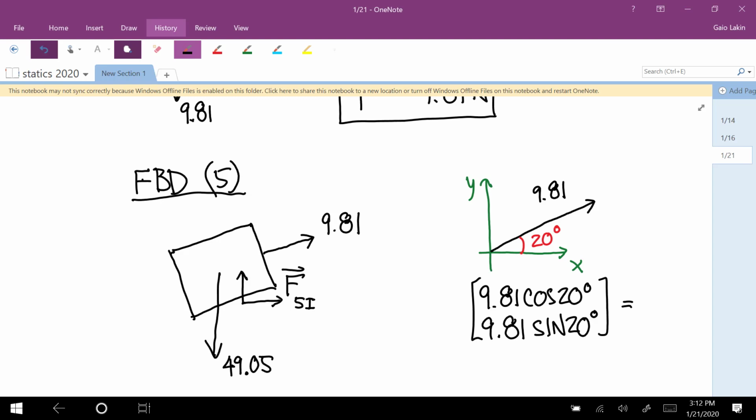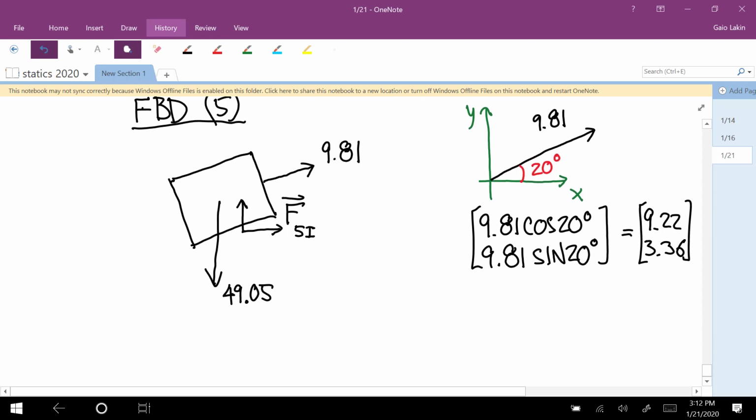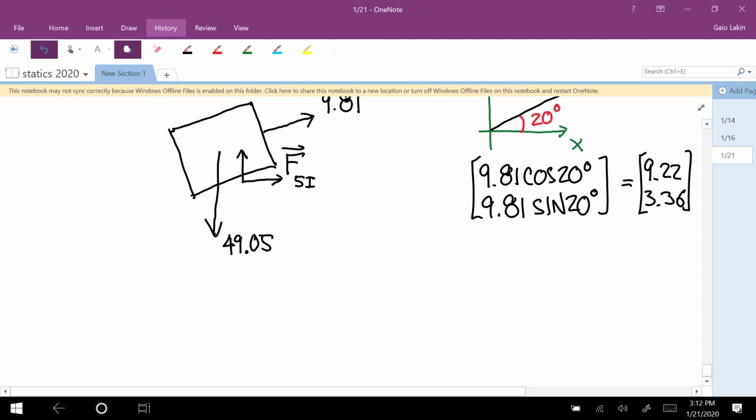Anybody calculating that? Okay. So now we can go to Newton's second law.